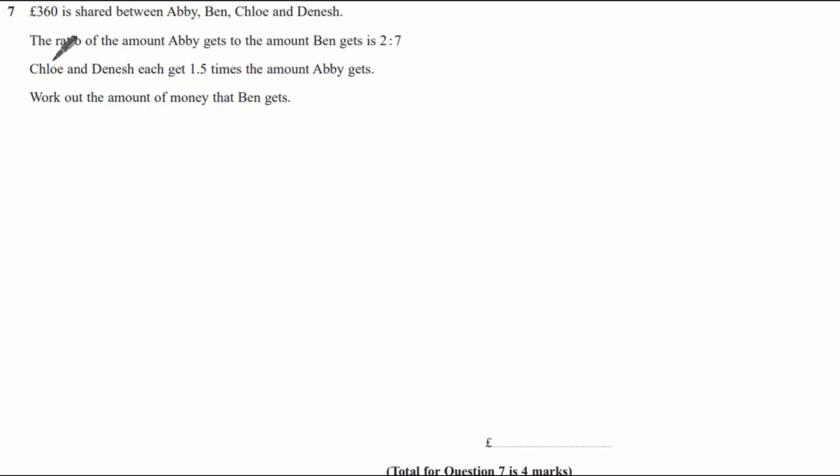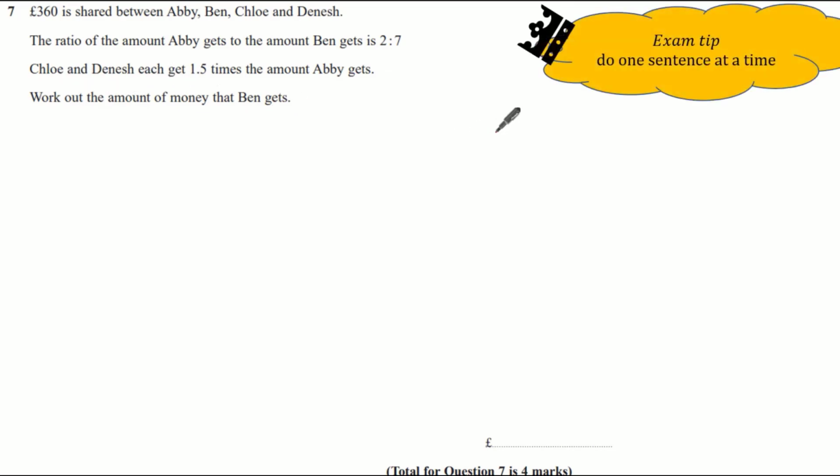Question 7 states that £360 is shared between Abby, Ben, Chloe and Denise. The ratio of the amount Abby gets to the amount Ben gets is 2 to 7. Chloe and Denise each get 1.5 times the amount Abby gets, and we're asked to work out the amount of money that Ben gets. Our top tip is to basically do one sentence at a time.